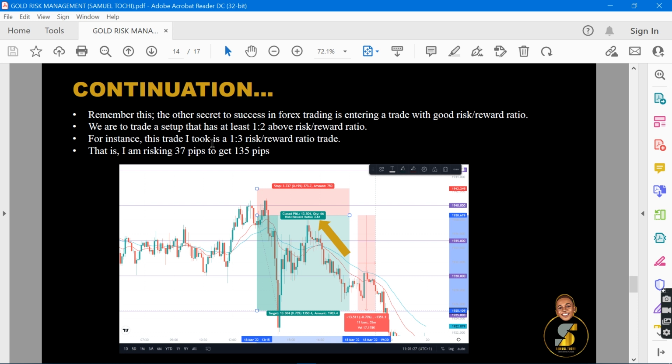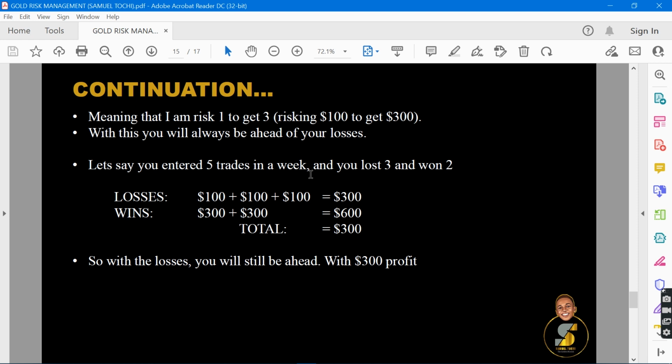It should be more than that, because here you see it is 1:3.6. So not just 3 but 3.6. So meaning that I am risking 1 to get 3. So I'm risking 100 to get 300.